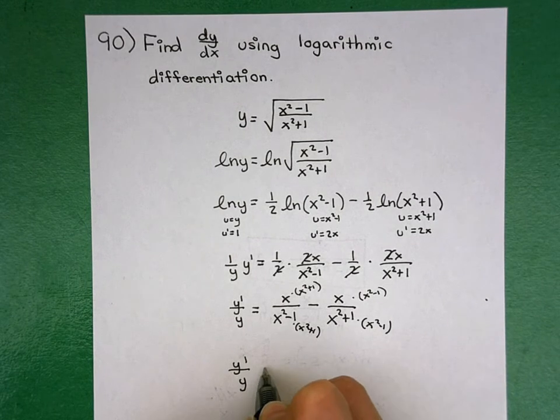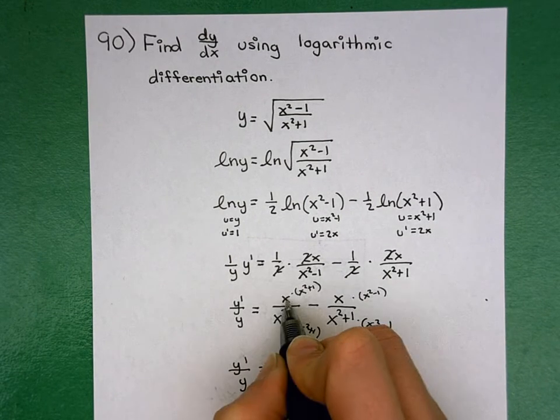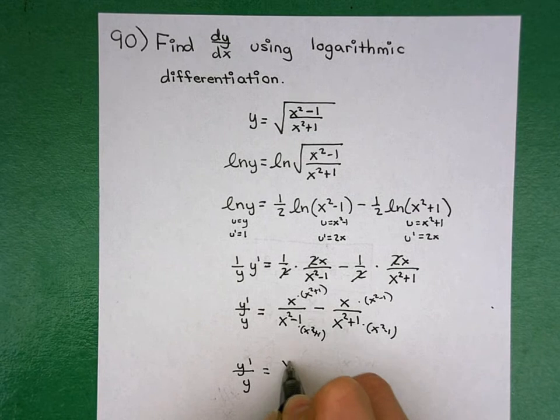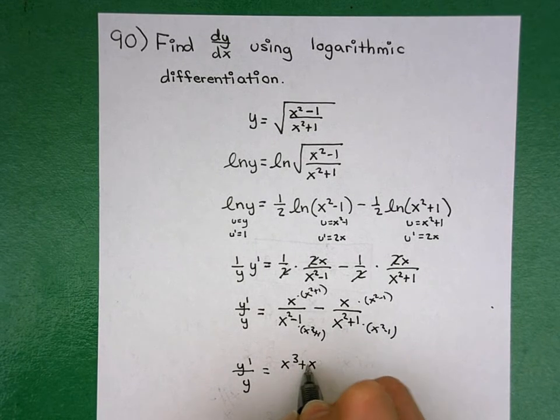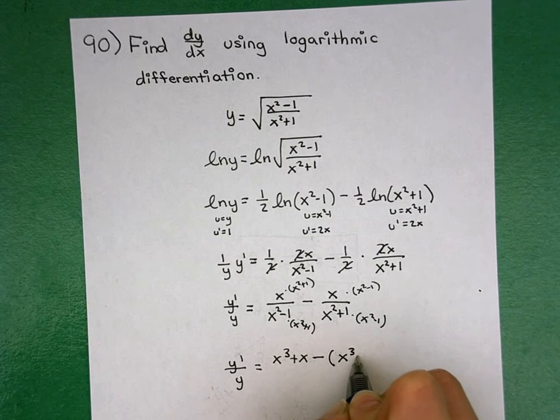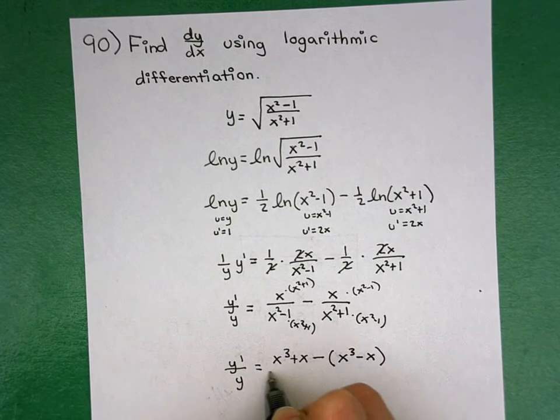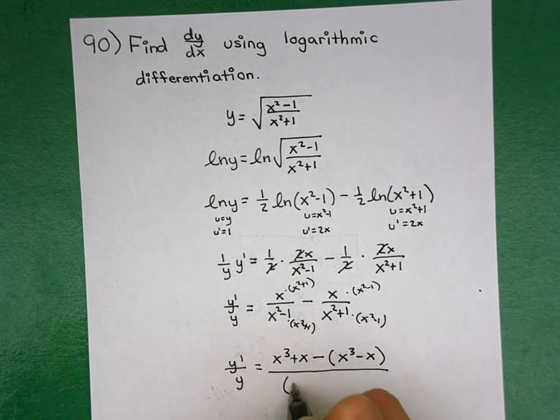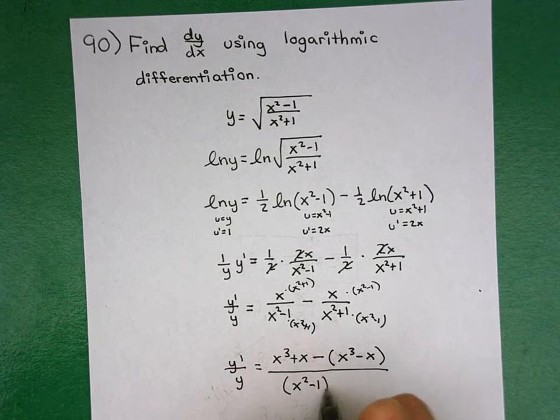So we have y prime over y is equal to, I'm going to go ahead and distribute that x. We have x cubed plus x minus, distribute that x cubed minus x, all over x squared minus 1 times the quantity of x squared plus 1.